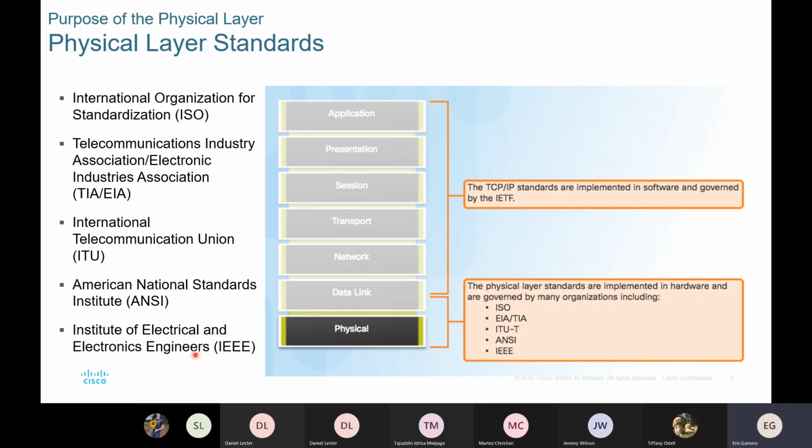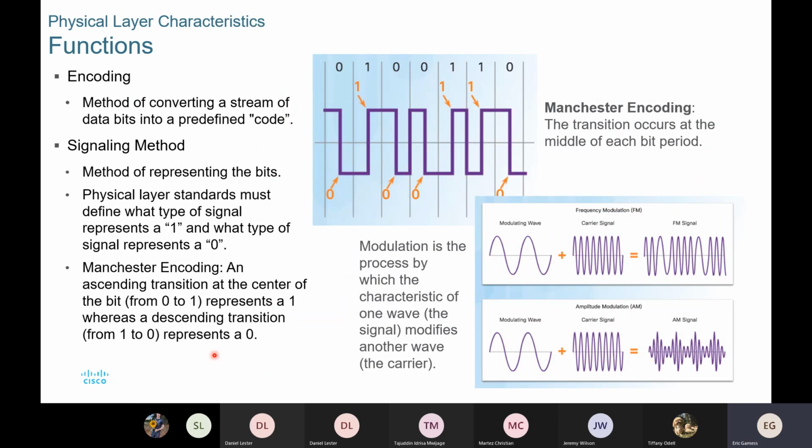IEEE has many standards, as you know. For example, 802.3, which is Ethernet, 802.11, which is Wi-Fi, 802.15.1, which is Bluetooth, 802.15.4, which is Zigbee, and 802.16, which is WiMAX. They do have a lot of standards.